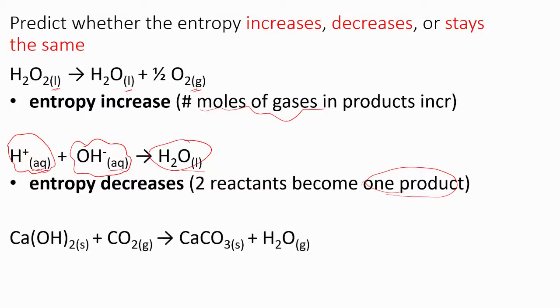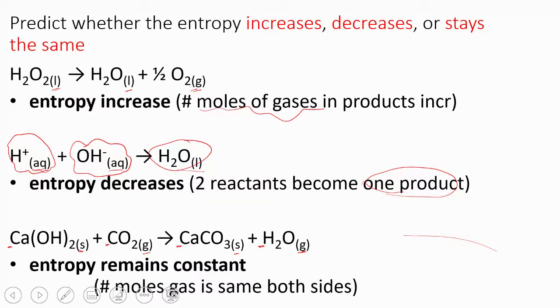All right, calcium hydroxide solid plus carbon dioxide yields calcium carbonate plus water in its gaseous form. Okay, so what do I notice here? I have 1 mole of solid on each side, and I have 1 mole of gas on each side. So in this case, entropy does not change because the moles of gas on both sides remain the same.